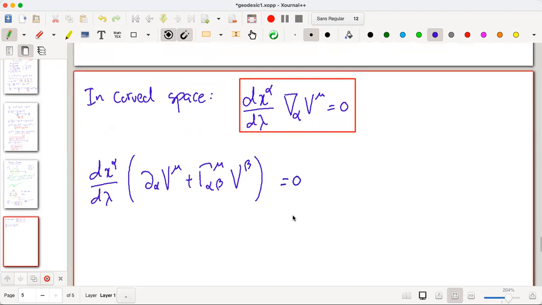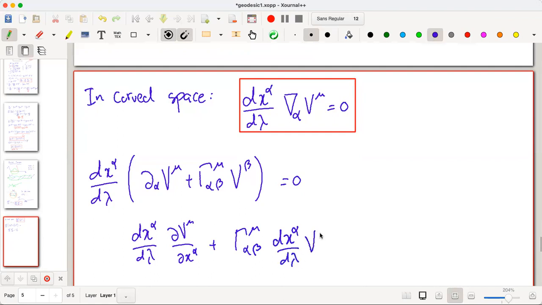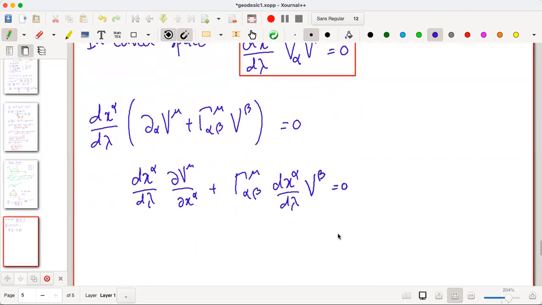If I bring this back inside, I have dx alpha d lambda times partial v mu partial x alpha plus gamma mu alpha beta dx alpha d lambda v beta equal to 0, or just dv mu d lambda plus the connection term.